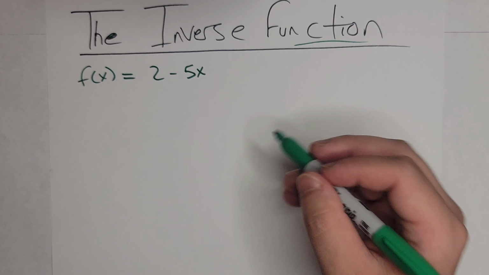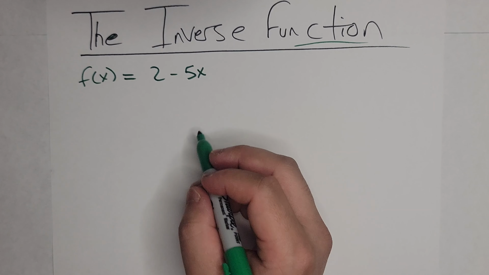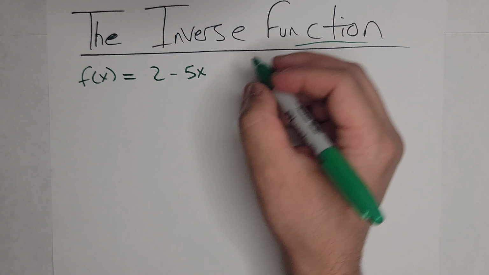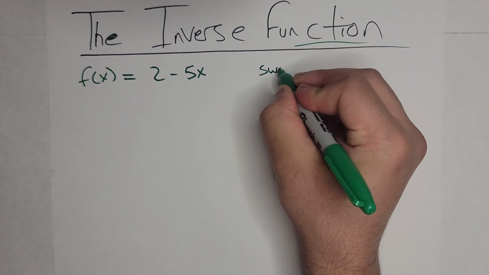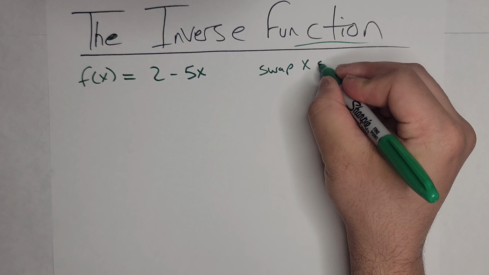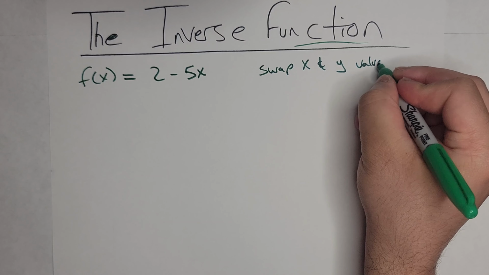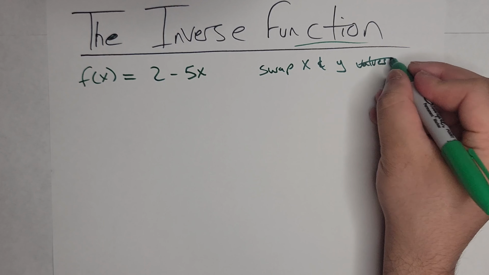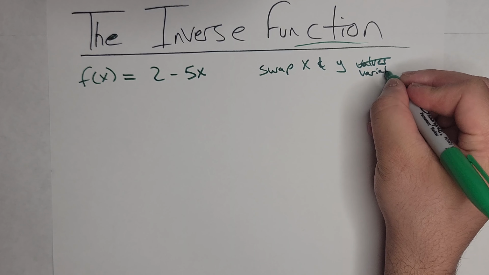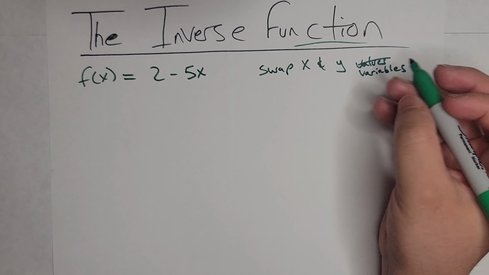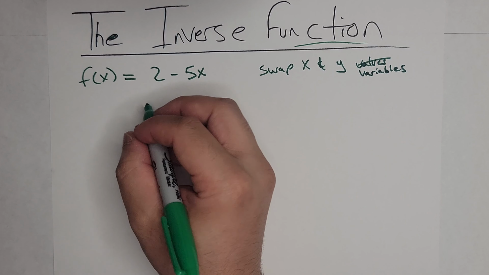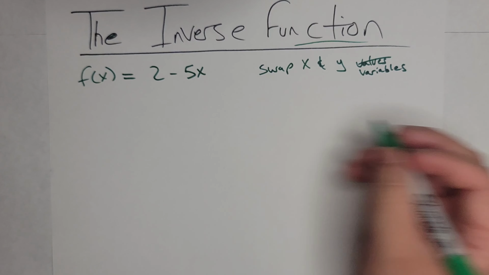So to inverse this function, we need to do the exact opposite. The easiest way to do this is to swap the x and y variables.